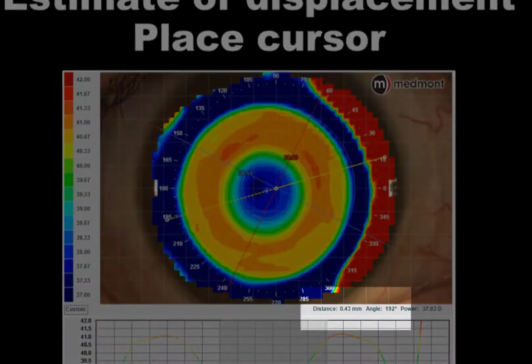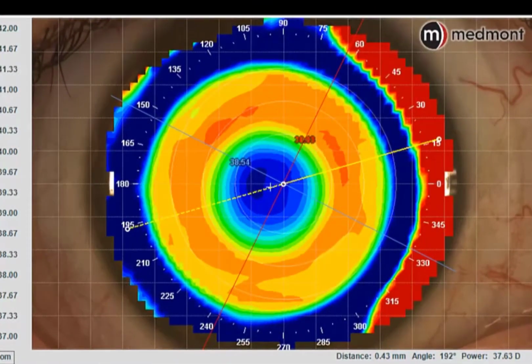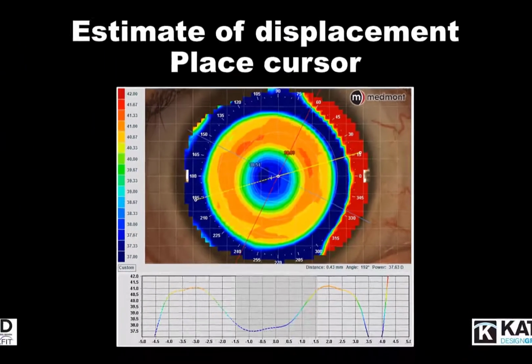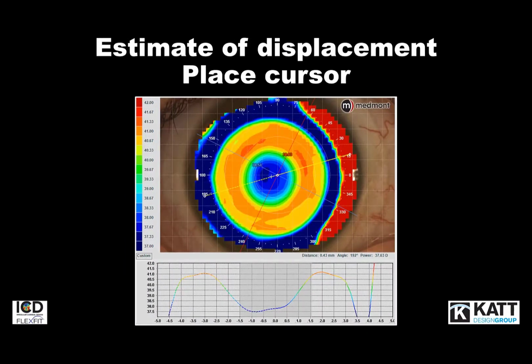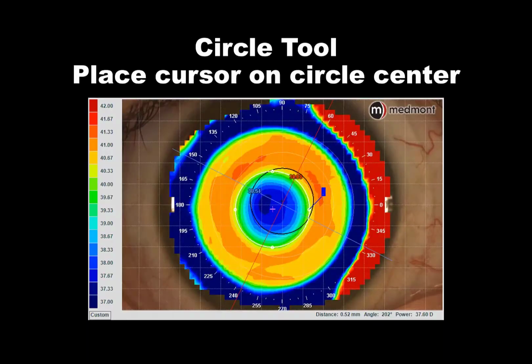Often your topographer will provide a distance and angle from the line of sight, the center of the topography, to the position that you've placed the cursor. So this could be one method to approach the displacement, distance, and direction that you need to provide for the ICD FlexFit distributor.